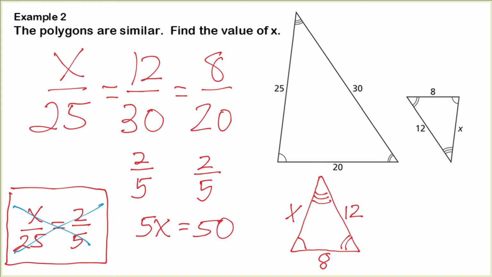Now I divide both sides by 5, and 5 divided by 5 is 1x, and 50 divided by 5 is 10. So I just found out that the value of x, the length of the missing side of the triangle, that's the image, is 10.